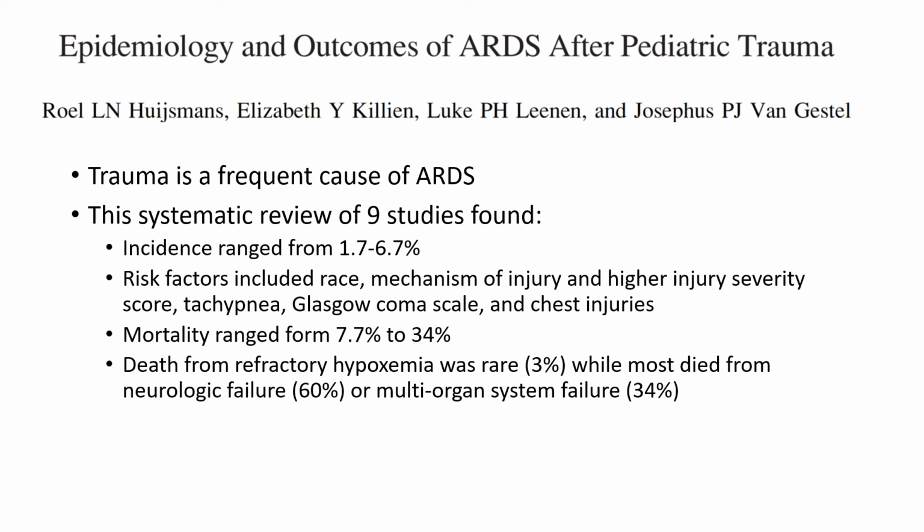They identified quite a few risk factors for developing ARDS, including race, mechanism of injury, injury severity score, baseline tachypnea, GCS or mental status, chest injury, so blunt trauma versus penetrating trauma, etc. They found the mortality range was quite wide, from 7.7 to 34%. Importantly, death from refractory hypoxemia was quite rare, with the most common cause of death being neurologic failure or multi-organ system failure.